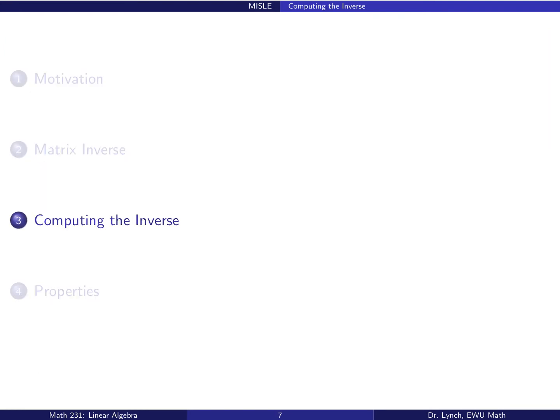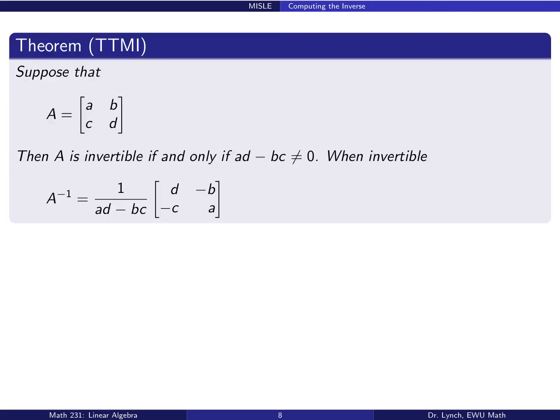Okay, so let's talk a little bit about computing the inverse. We'll go back to the 2x2 case, and I won't prove this theorem, but in the 2x2 case there's a handy formula and condition for computing the inverse that you may have seen before. The condition for invertibility is that A times D minus B times C may not be 0.